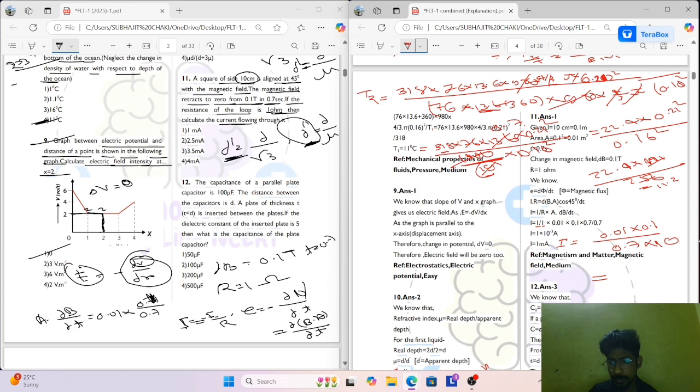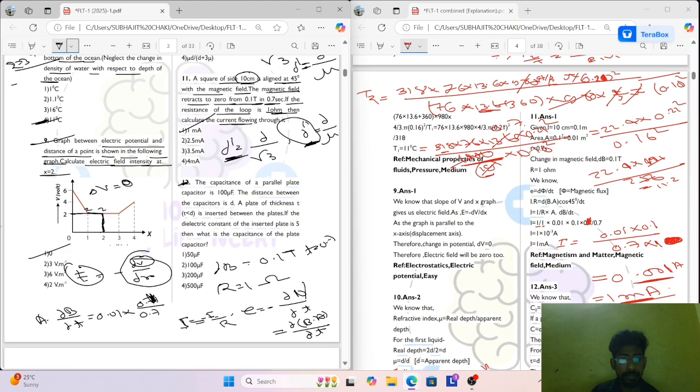Sorry, not 10, it is 1 ohm. So 0.01 into 0.1 divided by 0.7. 0.1 divided by 0.7 is 0.143, so the result is 0.00143, which is around 0.001 ampere, that is 1 milliampere.